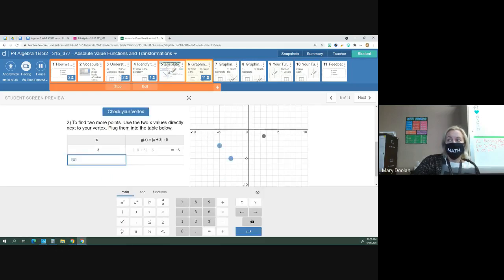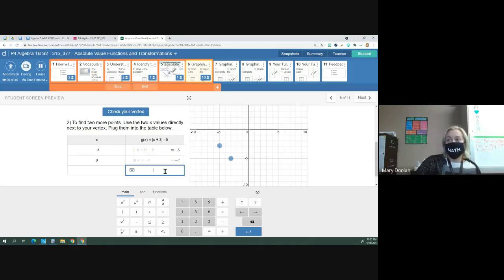And then maybe I want to go on the other side. How about when x is 0? So plugging in the absolute value of 0 plus 3, close the absolute value by clicking out of it, minus 5.